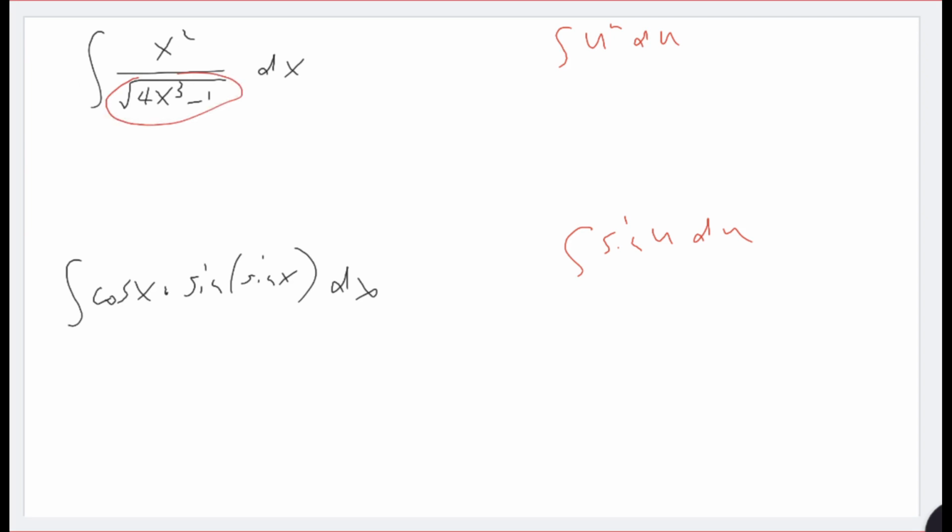Now how we do it is naturally we want to substitute in u for 4 times x to the third power minus 1, and do the differential, become 12x squared dx.